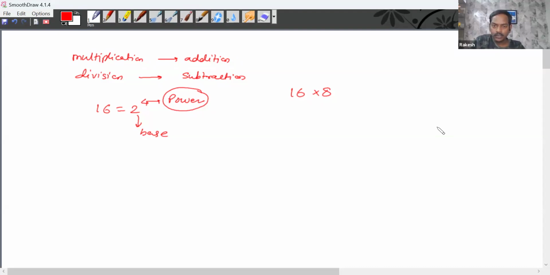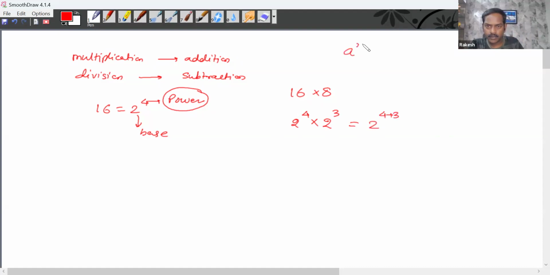But I know that each of these numbers can be written as a power of something. Say 16 can be written as 2 to the power 4 and 8 as 2 to the power 3.